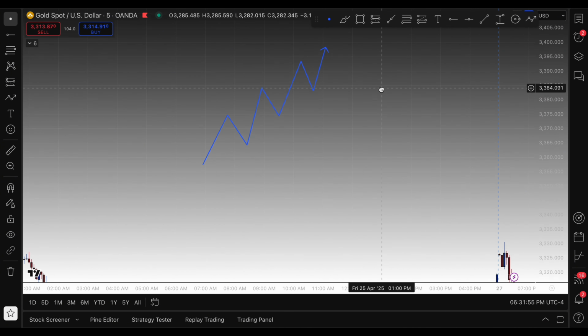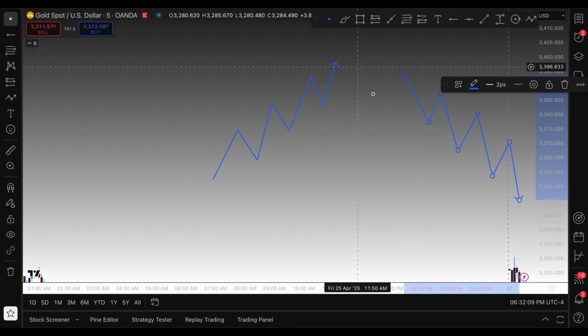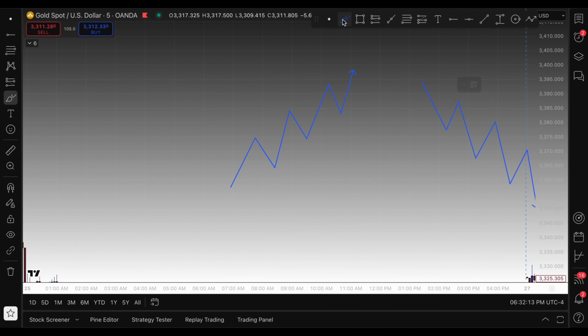Alright, and then we have a downtrend, that's going to be right here. On an uptrend, liquidity lies at the higher low. So liquidity is there, here, and here.